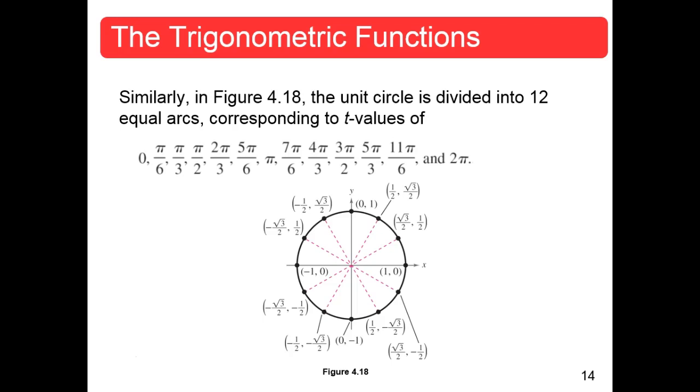Your 1/2 this way, and square root of 3 over 2 on the y-axis. And then 0, 1, and then from then on, you just negate the x, keep the y the same, negate the x, keep the y the same, negate x and y, negate x and y. This is just 0 minus 1. You know that one from before. Here you keep the x positive, the y negative, x positive, y negative, and you're back where you started. Okay, so you know all those values.